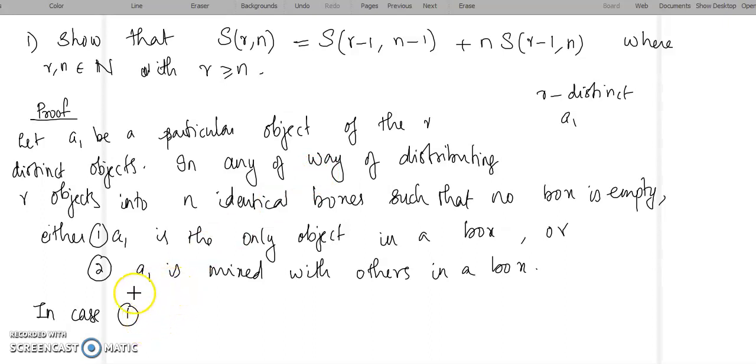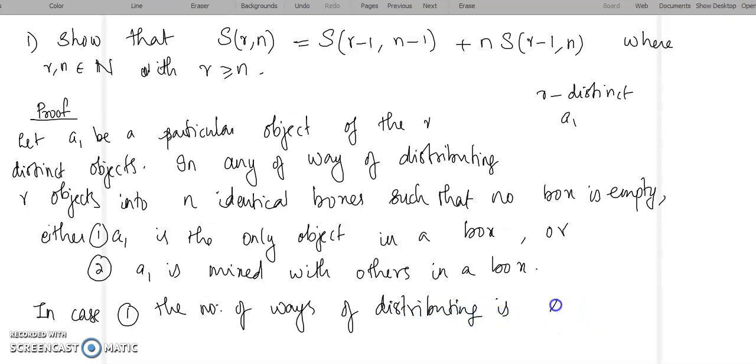So in case 1, the number of ways of distributing is S(r-1, n-1), because A1 is already alone in a box. We have r minus 1 objects remaining, which must be distributed to n minus 1 boxes. That can be done in S(r-1, n-1) ways.